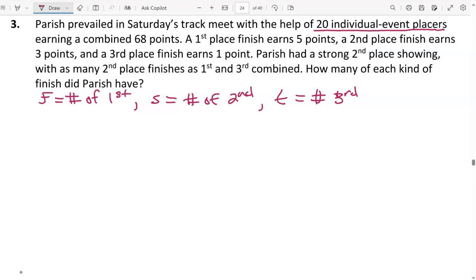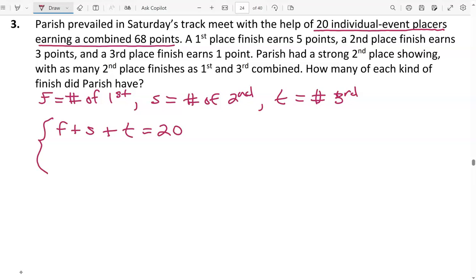That means the total number of first, seconds, and thirds. So that's one of our equations. The number of firsts plus the number of seconds plus the number of thirds has to equal a total of 20.